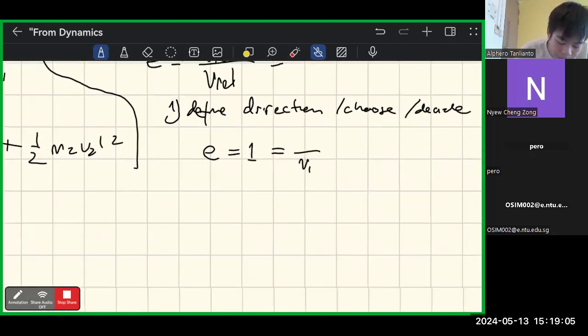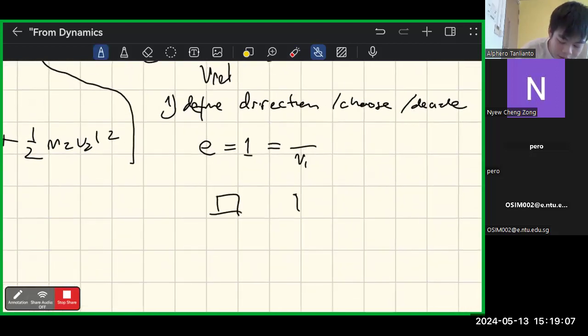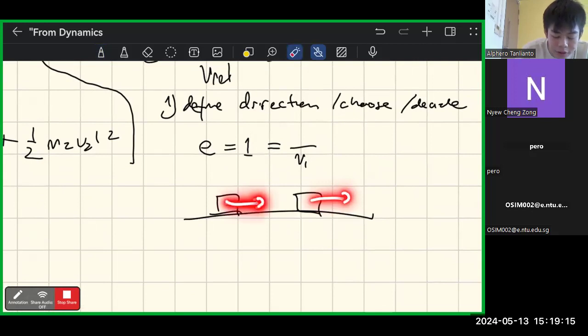Define direction. So let's say after the collision, maybe in actuality this one is moving this way and this one is also moving this way, but the velocity here decreases, or maybe this one is moving but this one is not moving. But actually we just decide, we don't care. If our answer is negative, then our initial assumption is incorrect.